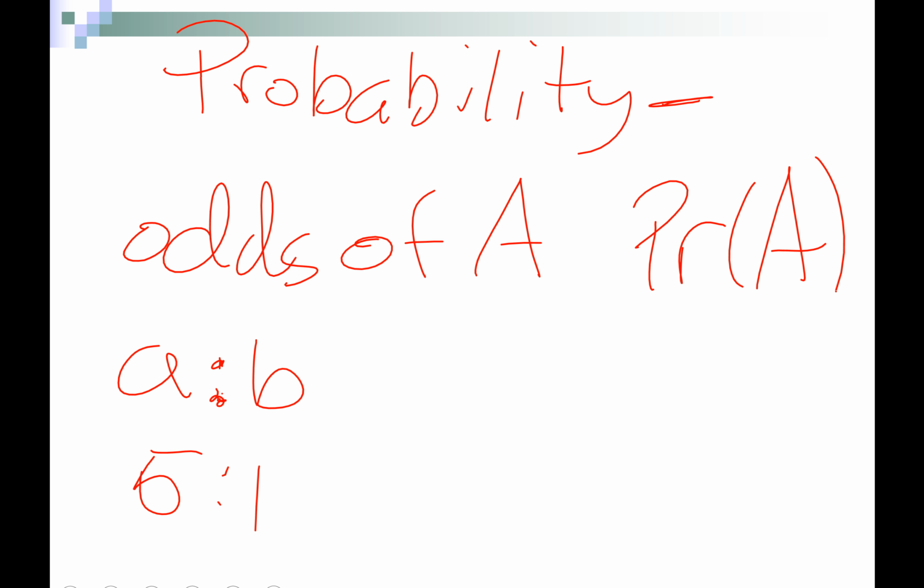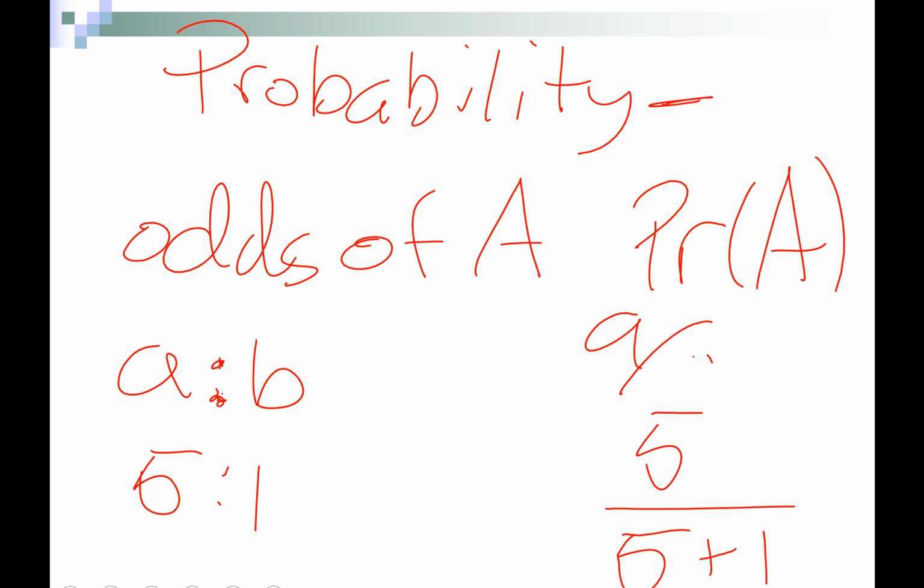So in this case, the probability would be 5 divided by 5 plus 1, or it's A divided by A plus B. That's the probability. And again, this is odds of A, so whatever A is, you define that event and say the odds of that happening. That means the probability of it happening are A divided by A plus B.